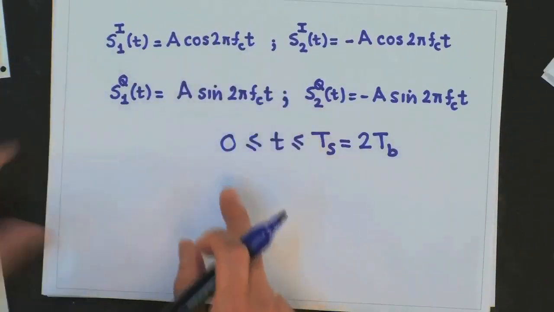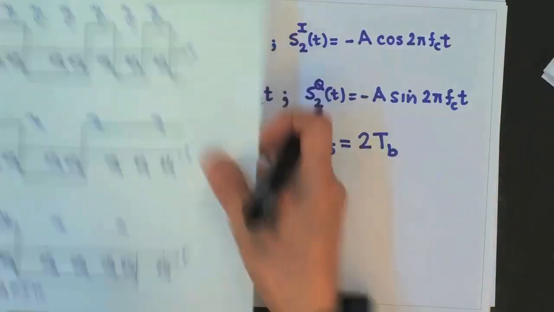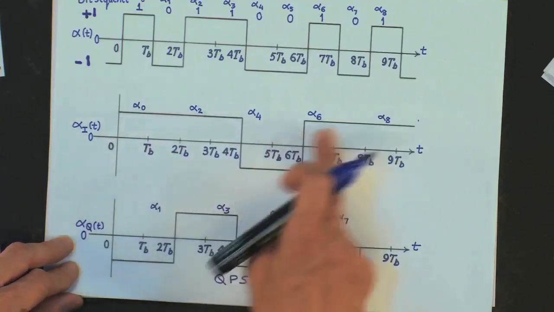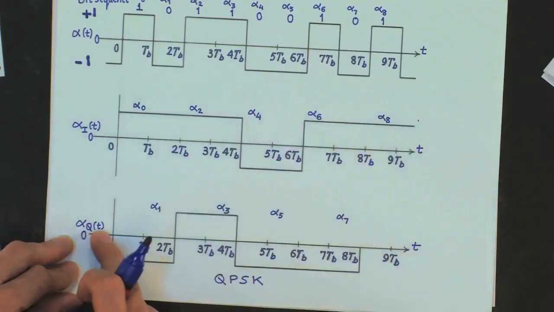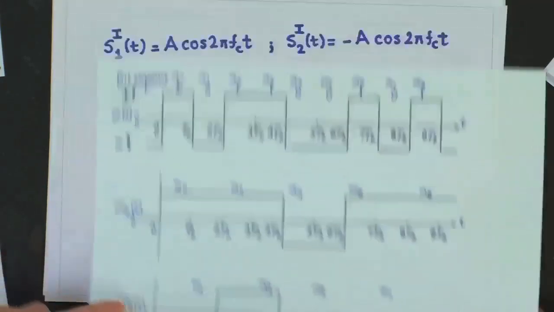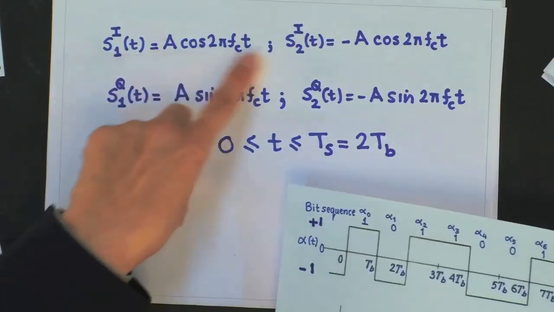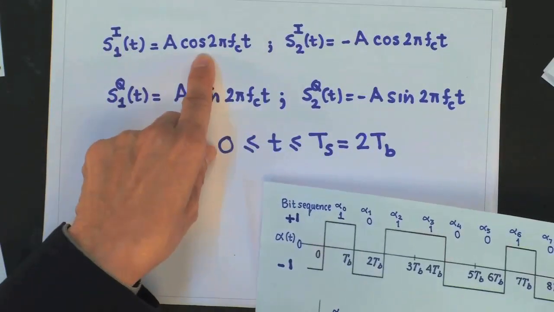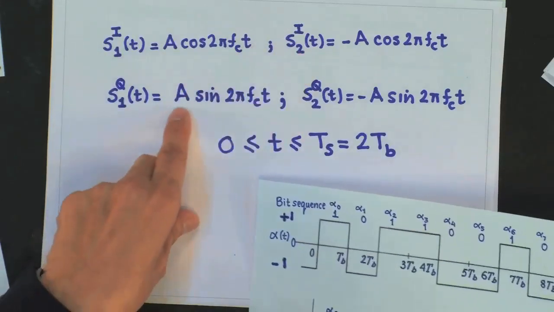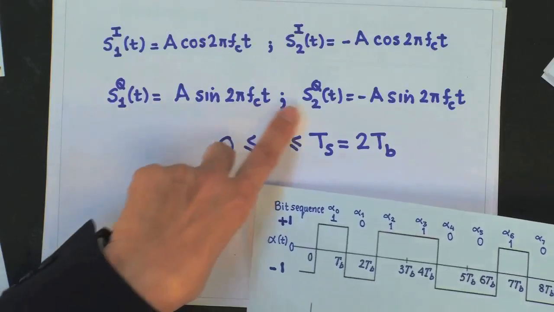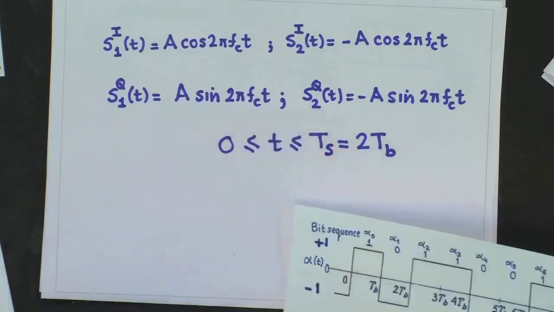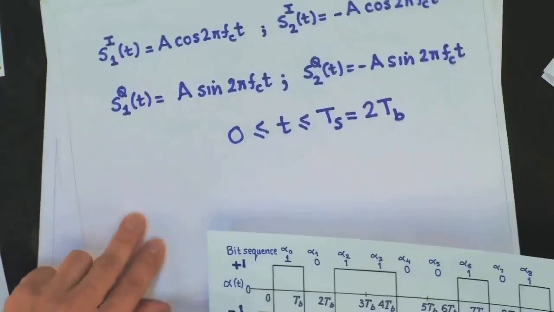This is easy to realize because remember that your alpha_I(t) is a polar waveform which modulates A cos(2 pi f_c t) and alpha_Q(t) is a polar waveform which modulates A sin(2 pi f_c t). So, for this the basis signal in the in phase branch would be this and the basis signal for the quadrature branch would be as written on this slide.